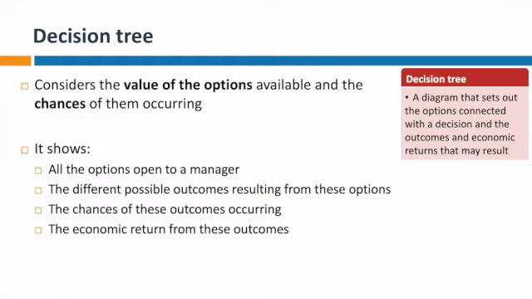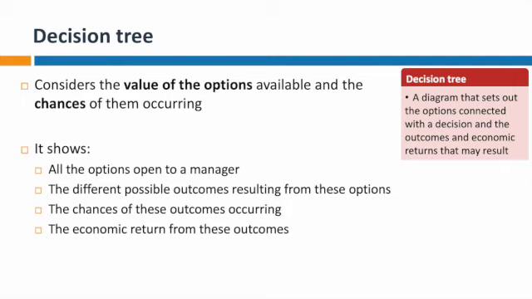So what does a decision tree do? What is its purpose? It's considering the value of the options available to us or to the business, and it considers the chances of these options occurring.